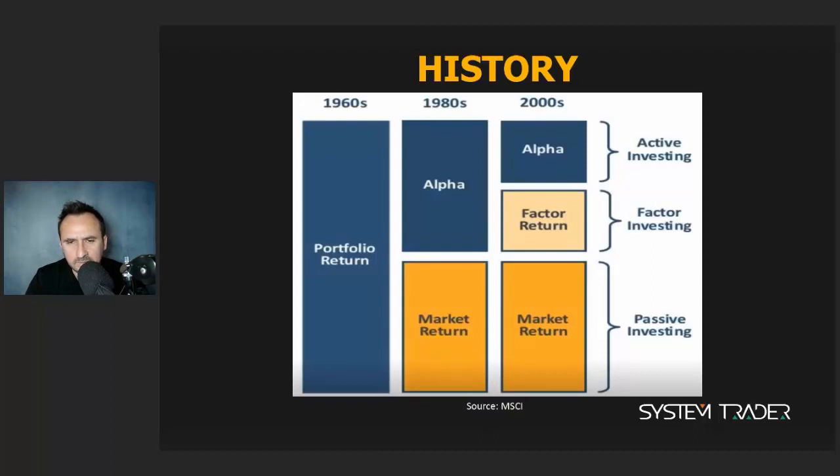So basically, as we can see on this picture, which I took from the MSCI website, up to the 60s, there was nothing like factor investing, and there was nothing like alpha. Everyone was just investing money the way he or she thought is the best.